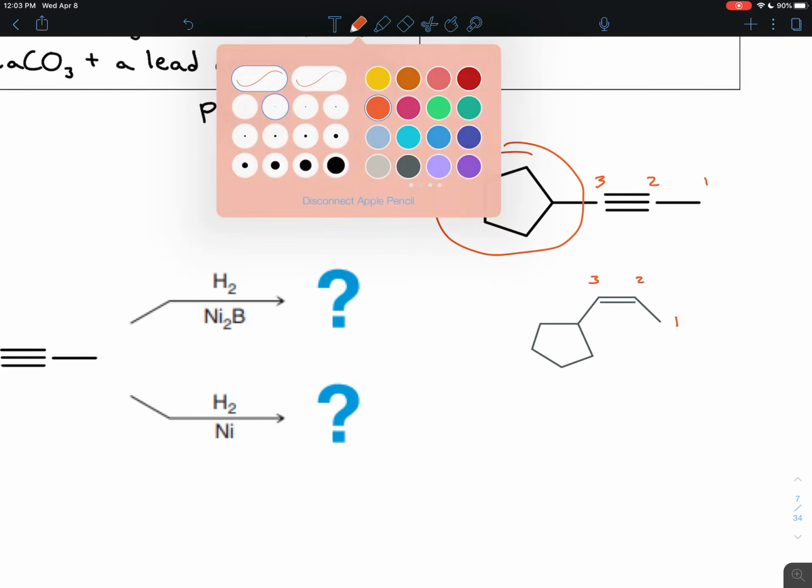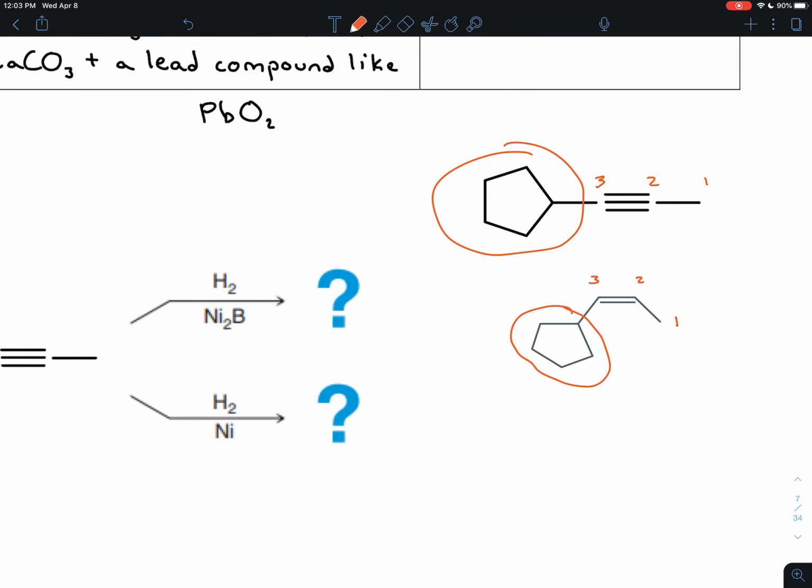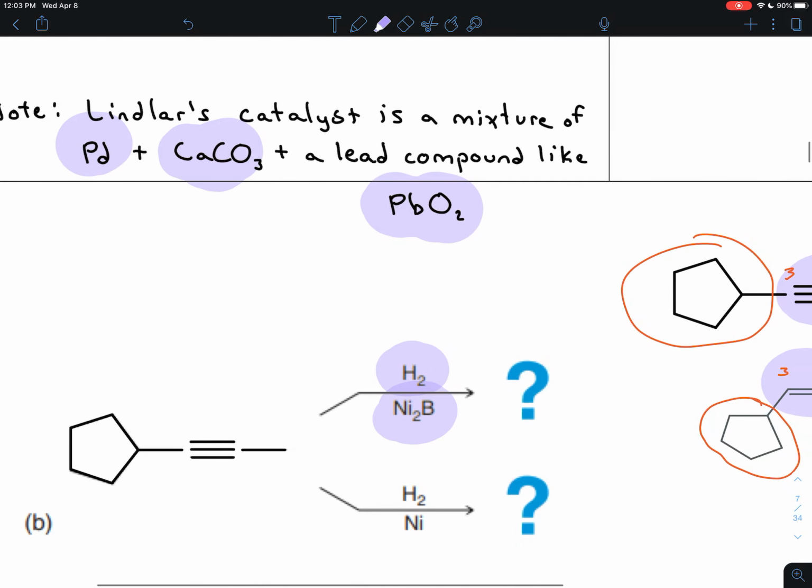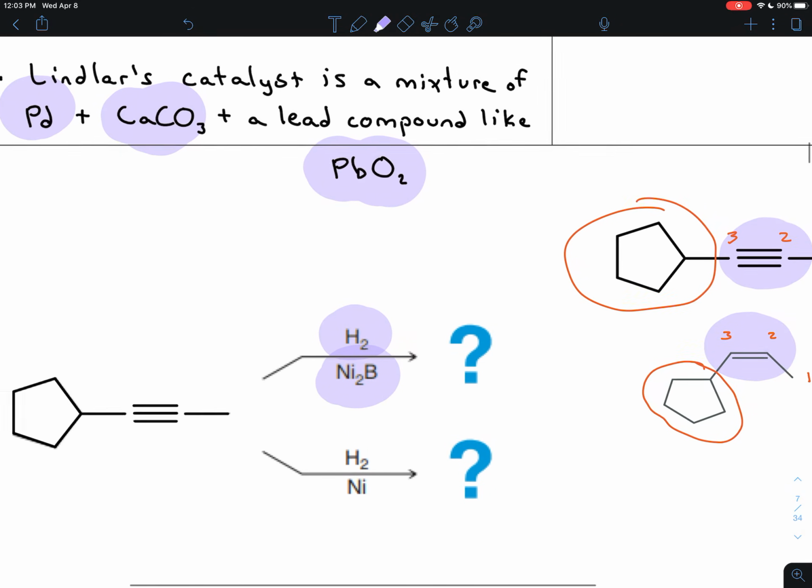So notice how that 5-membered ring is coming off of carbon number 3, just like above. The only difference is that the alkyne turned into a cis-alkene because we bubbled some hydrogen gas through with a poisoned catalyst. The most famous one is Lindlar's catalyst, which is a combination of palladium, calcium carbonate, and a lead compound, often lead 4 oxide.